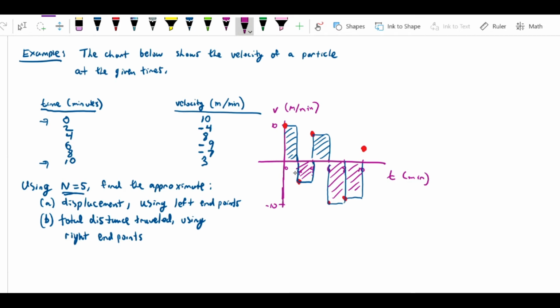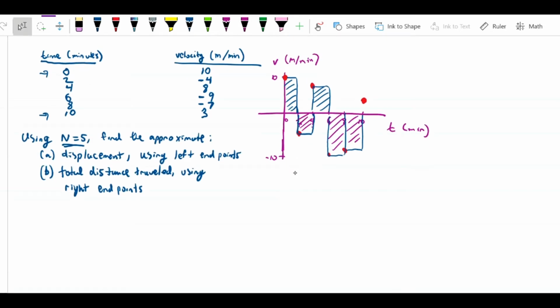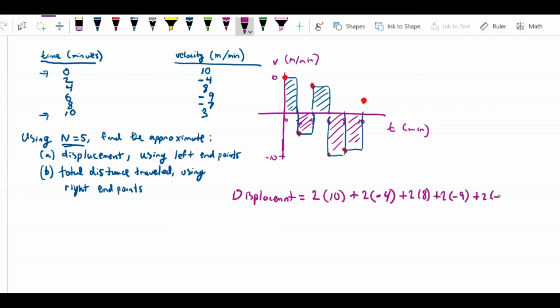So with that said, what we can see is that the total signed area, which is equal to the displacement, is going to be equal to the area of the first rectangle, so that's 2 times 10, plus 2 times negative 4, that's the height below the x-axis of the second rectangle, plus 2 times 8, plus 2 times negative 9, plus 2 times negative 7.